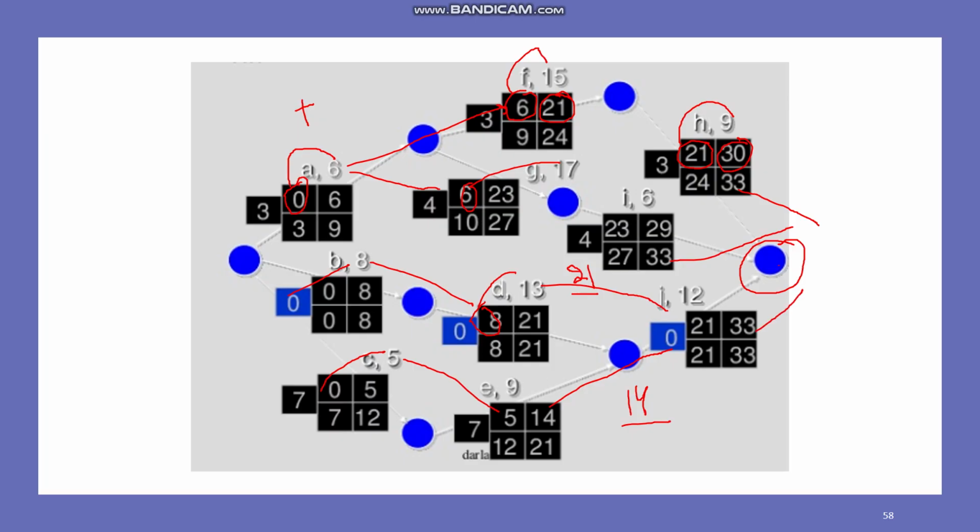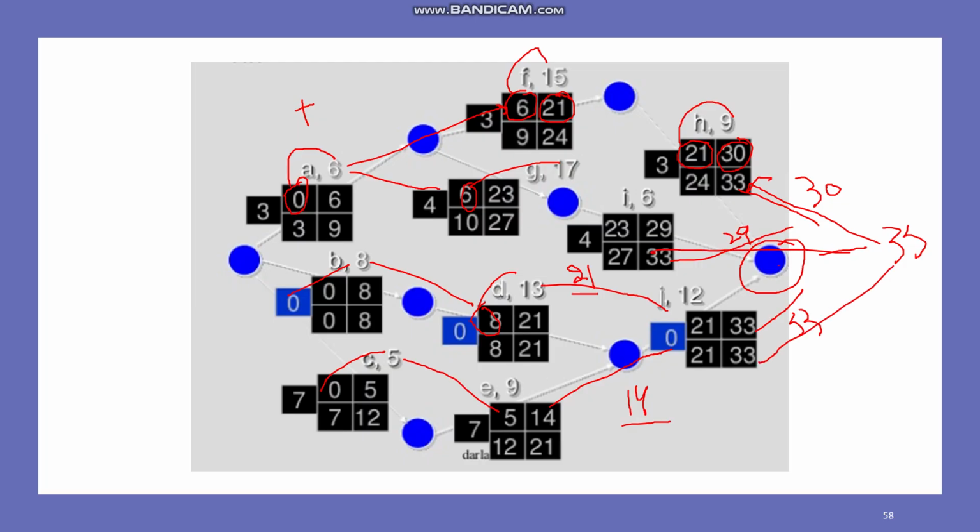So for example, we have here, this is going to give you 30, this is going to give you 29, and this is going to give you 33. So the highest of these will become the end time of all activity, that is 33. So you will assign this 33 to all the previous ones. For example, 33 will be assigned here, 33 here, 33 here.